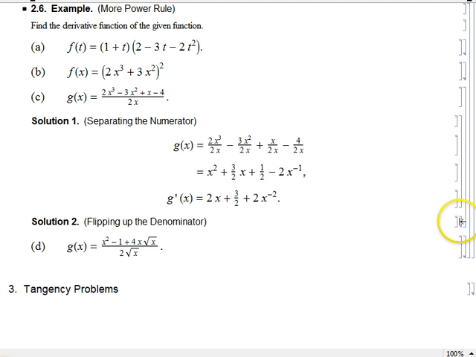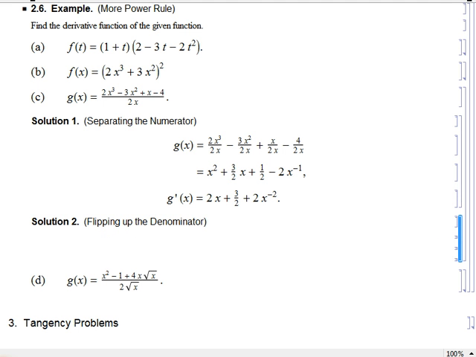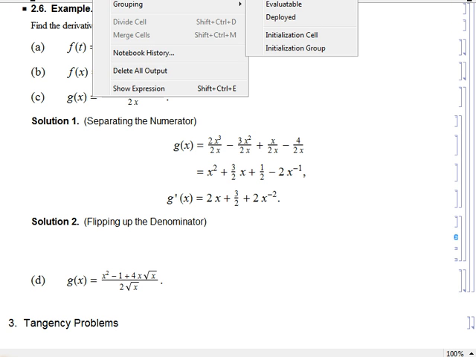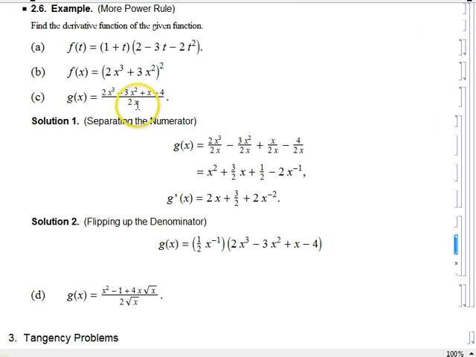However, some students prefer to do it this way. That is, flip up the denominator, and instead of division, make it into multiplication. So instead of dividing by 2x, multiply by 1/2 x to the negative first power. Why negative? That's because x was in the denominator, flipped up.